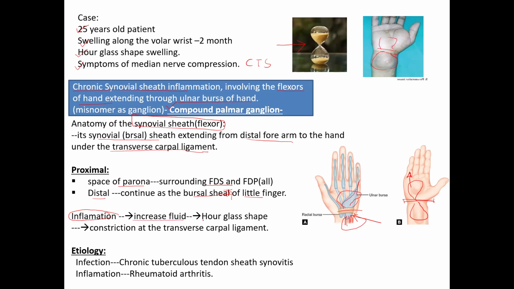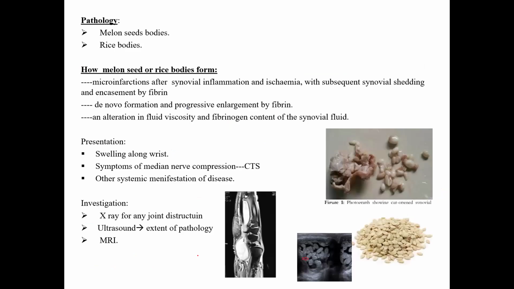So this fluid bulges out and takes the shape of an hourglass due to the constriction at the level of the transverse carpal ligament. So what are the conditions where you have this inflammation in chronic conditions? Infection, like chronic tuberculosis tendon and sheath infection, and sometimes it happens in inflammatory disorders of chronic origin, that is rheumatoid arthritis. Hope I am clear to all of you.